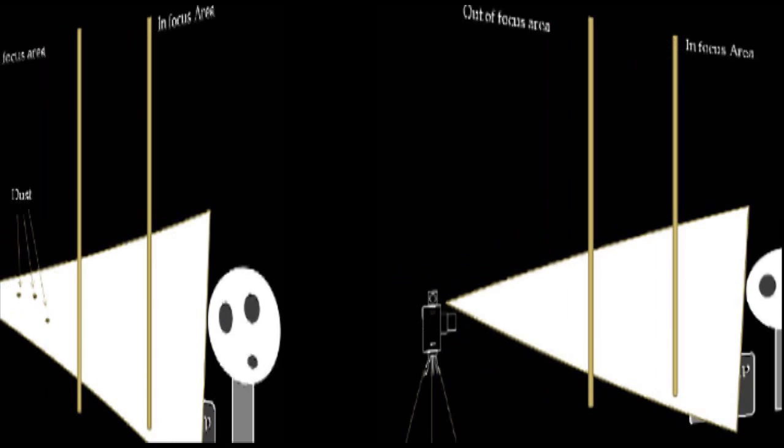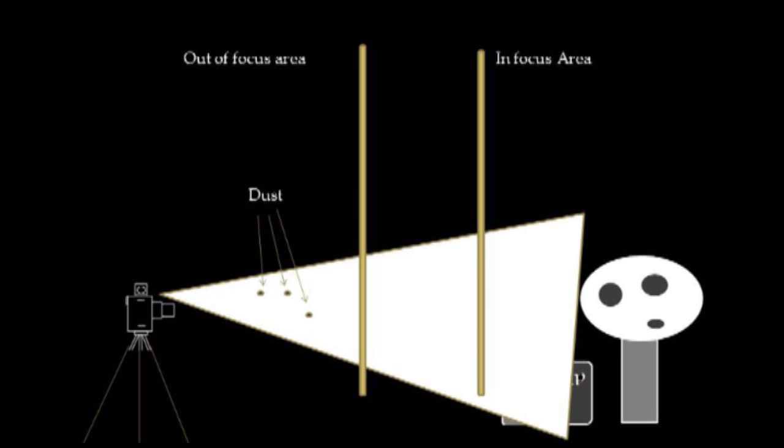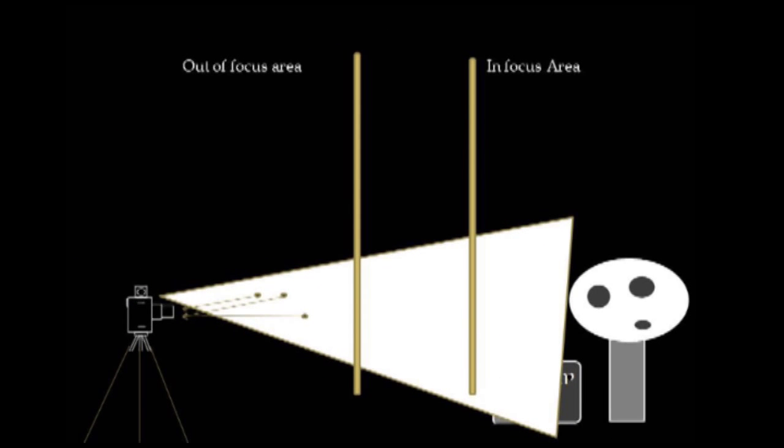Now, if there's some dust in this situation, the dust particles are going to be smaller than this, but this is just for information. If dust or water droplets get into the out of focus area, the light is going to hit it. And when you hit something with light, just like the trees on the other end, the light is going to reflect back into the camera, because that's how the camera works.